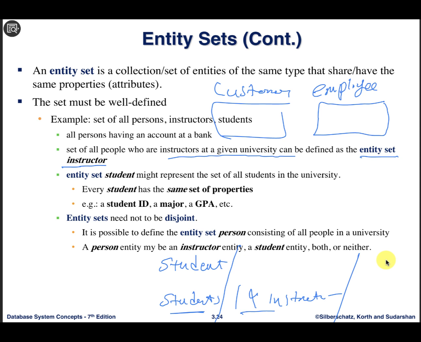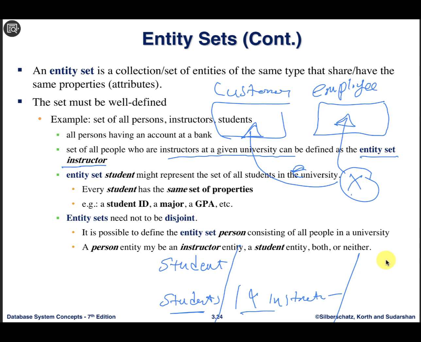We might have an employee or person X. This person might belong to the employee entity set, because he's an employee, and he might also be a customer because he has an account in this bank. So that's why we said they can intersect.